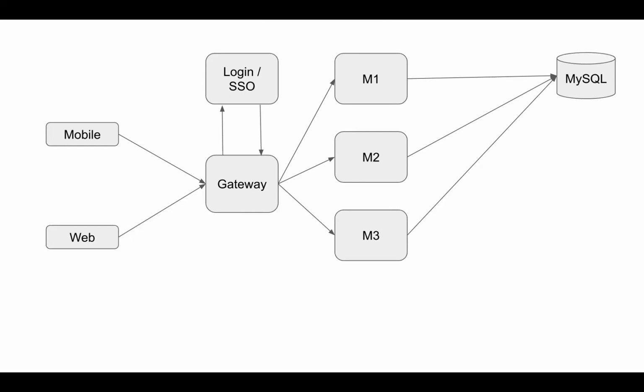And if it is a success, then the browser actually calls the endpoint to get the data. So rather than having all those CORS configurations on each microservice, it's worth keeping it on a single layer. That is one of the advantages.